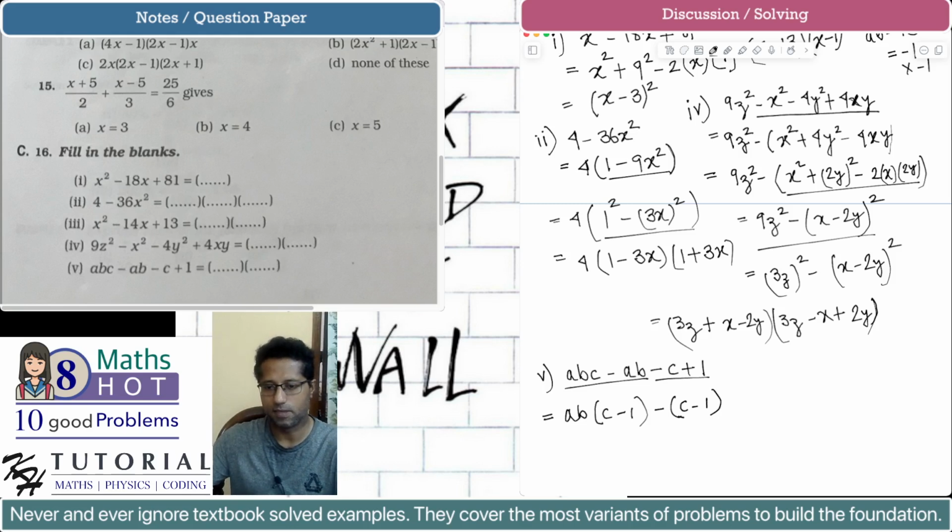Now I see that c minus 1 is a common factor in both the groups, and hence the final factorization will be c minus 1 multiplied by ab minus 1.